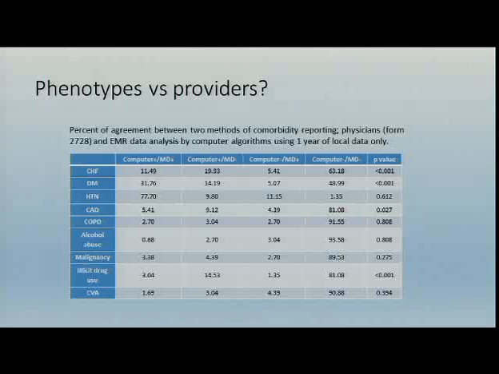So we tried different combinations of these. I'm showing you only what you may call the worst case scenario: just 1 year and only your local EMR. You'll see that many of these comorbidities are no longer statistically significant, meaning that time and access explained why they were significant before, but some of them are still significant and still pose the question: why is there a difference?